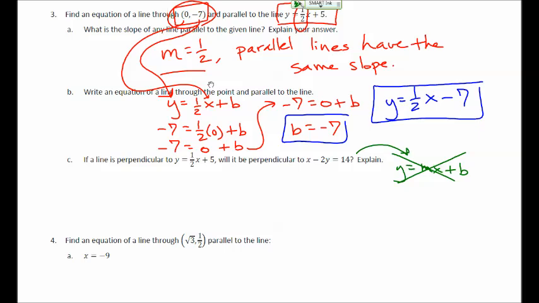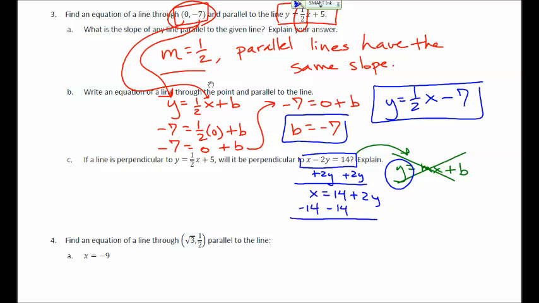So to do that, you solve the equation for y, so y is by itself in this slope-intercept form. And so I'm going to take this equation right here and solve for y. I'll do that by first adding 2y to both sides, and I get x is equal to 14 plus 2y. I will subtract 14 from both sides. So I've now isolated 2y, so I have x minus 14 is equal to 2y.